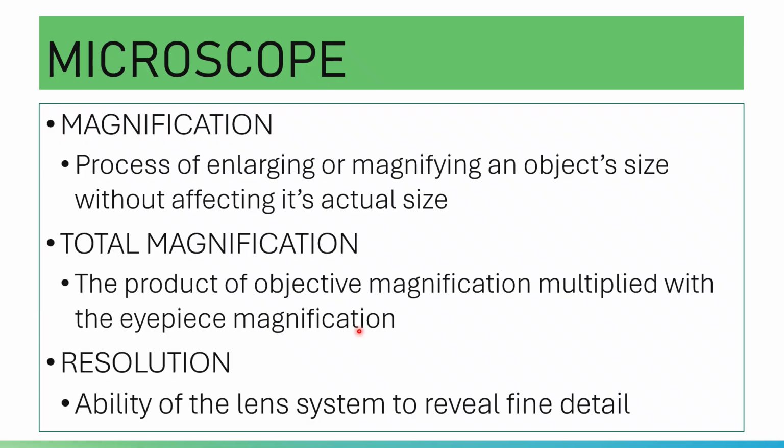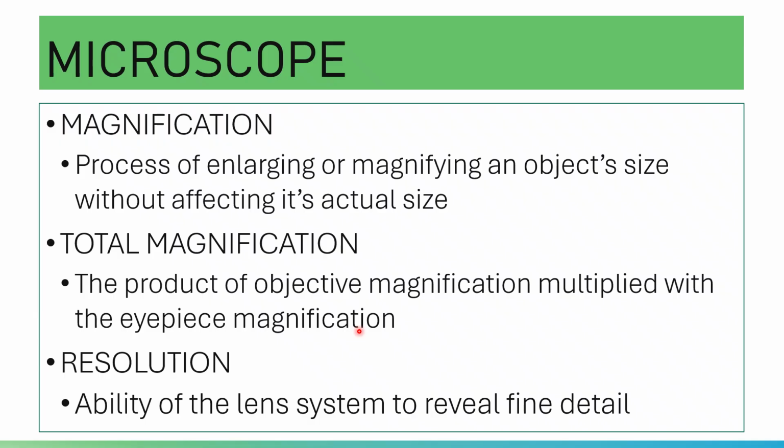Your objective magnification differs because you have high, you have low, you have scanning; those differ in magnification. So the total magnification is the product of the two. Let's say, for example, your high power objective is 40 times magnification. You multiply it by 10 as the magnification of your eyepiece. 40 times 10, that is your total magnification.